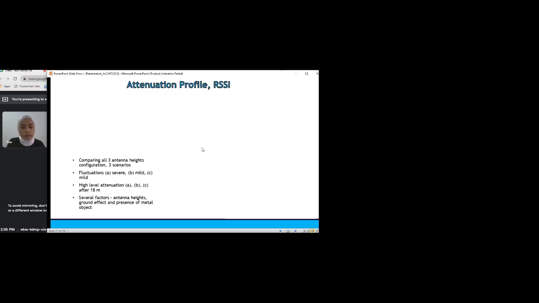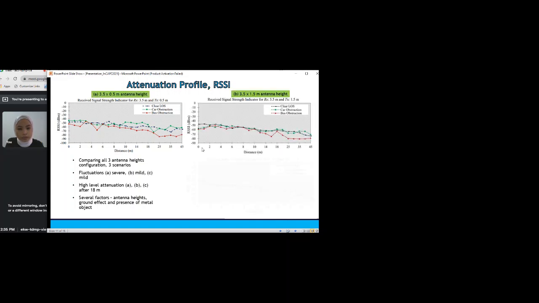Okay, with all this measurement data, we have obtained results for the received signal strength indicator. By comparing all three graphs, we receive results based on each antenna height of the transmitter. I forgot to mention just now, 0.5 represents the handheld device, whereas 1.5 represents the car and 3.0 represents the bus.